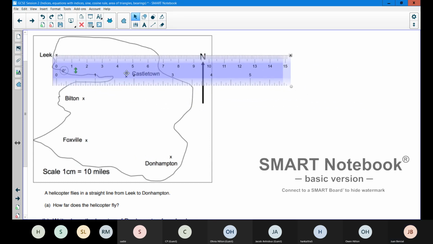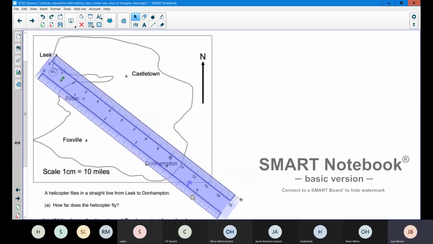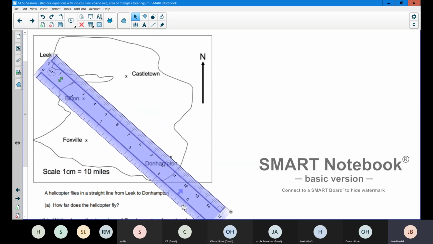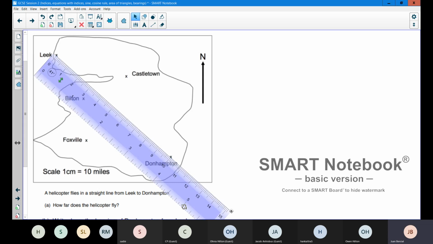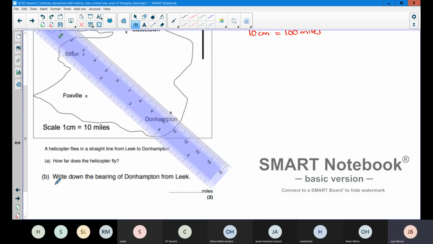So we're measuring from there, and we're just going to see how far that is, and that is about 10 centimeters. Remember that 1 centimeter is 10 miles, so 10 centimeters is 100 miles. Now, the next question.